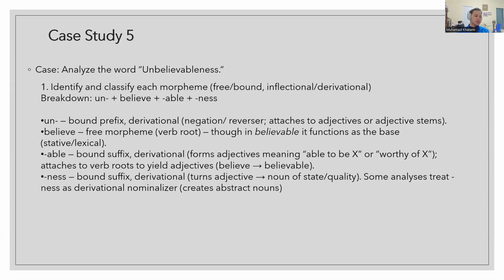And then lastly, the bound suffix ness is derivational and turns an adjective into a noun of state or quality. Some analyses treat the suffix ness as a derivational nominalizer that creates abstract nouns.